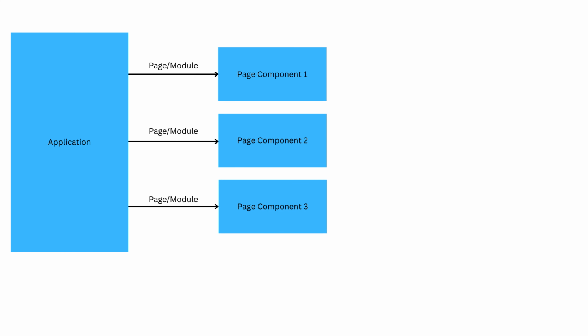We also need to understand how you can structure your Vue.js application. Vue.js applications can be structured in any way because it is not an opinionated framework. Your whole application can be divided into multiple pages or modules, and these modules can be divided into multiple components.